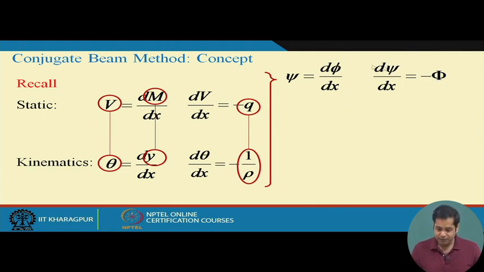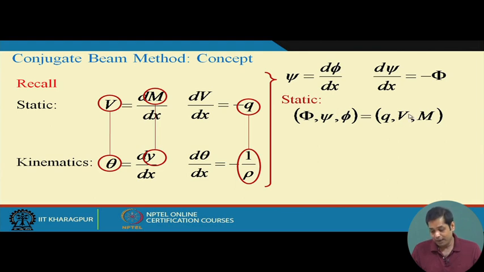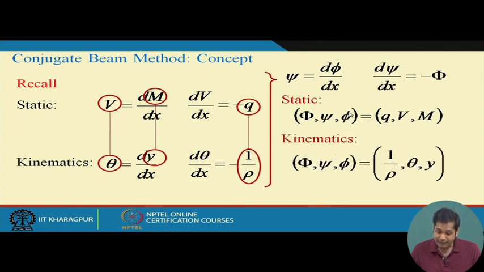This is the general equation which can give you both relations. For the static case, if psi, phi and capital Phi are replaced by the static variables V, M and q, then this equation is the static equation. Similarly, if they are replaced by the kinematic variables, the equation gives you the kinematic equation.